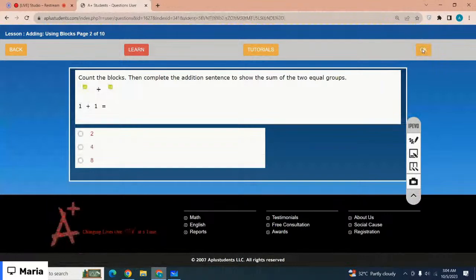1 plus 1 makes. The correct option is 1 plus 1 makes 2, right? You have to add. So when you count them together, 1 plus 1 makes 2. The correct option is 2.